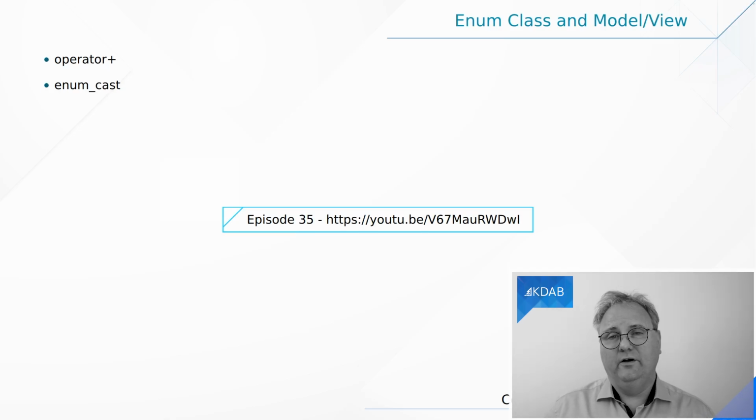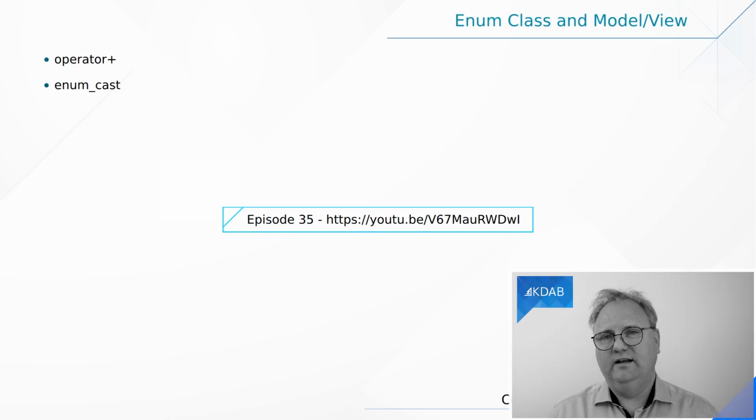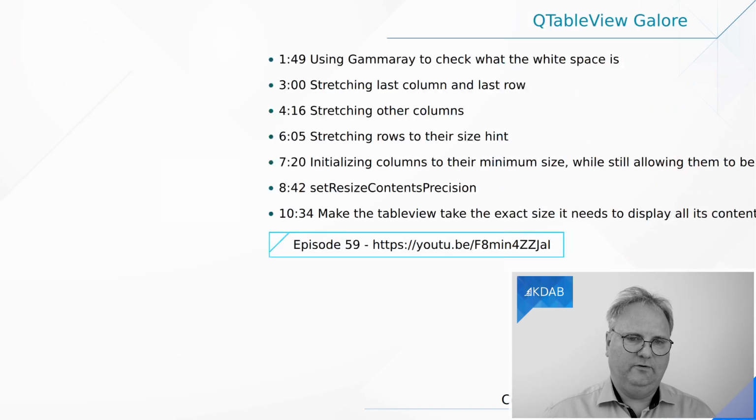And also the other way around: if you have an integer and you really want it as an enum, for example for the column, then you can enum_cast column and then switch over that and get type safety into it. That's what episode 35 is about.